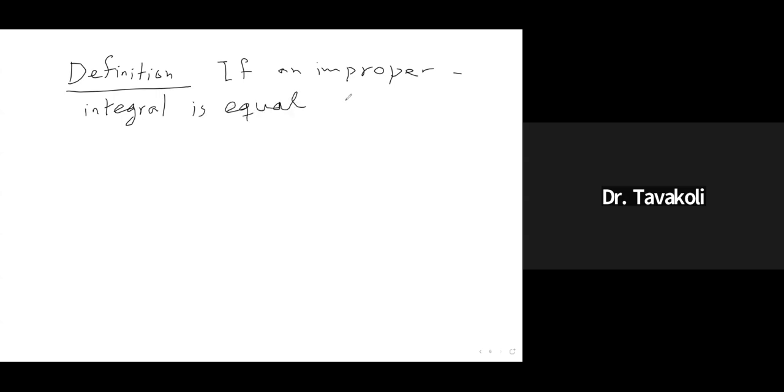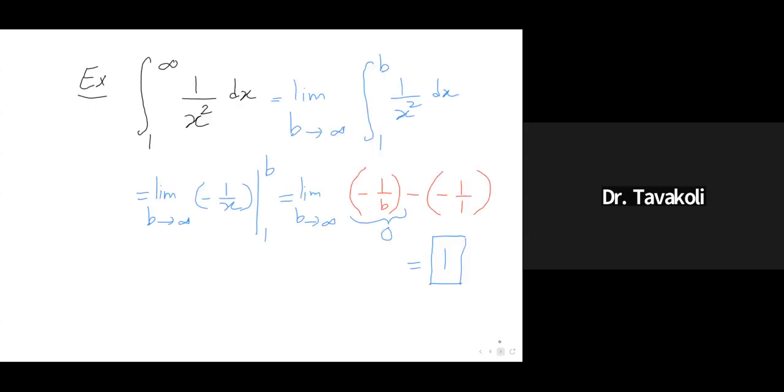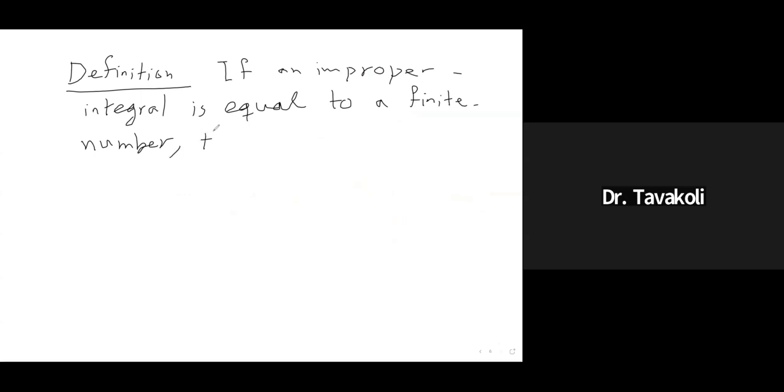Definition: if an improper integral is equal to a finite number, like in this example, where that finite number was 1, at the end we got 1, the integral is convergent.